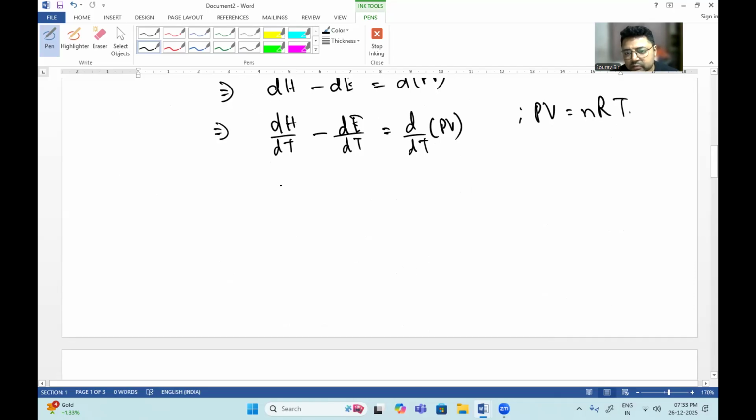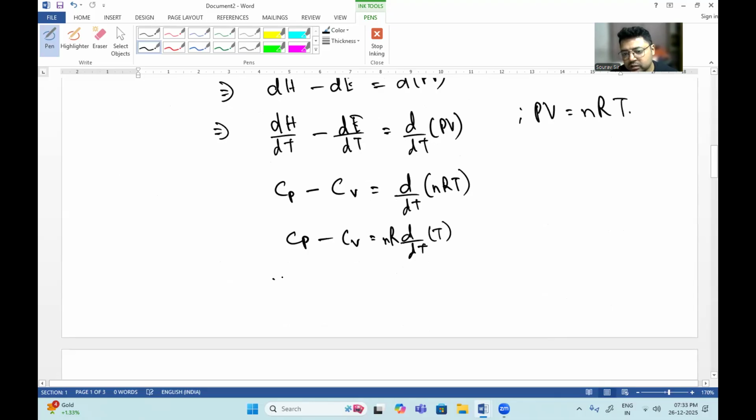Here dH/dt will be regarded as Cp, dE/dt as Cv. Now Cp minus Cv equals d/dt of nRT. N and R are constant, so they come out, and T remains.